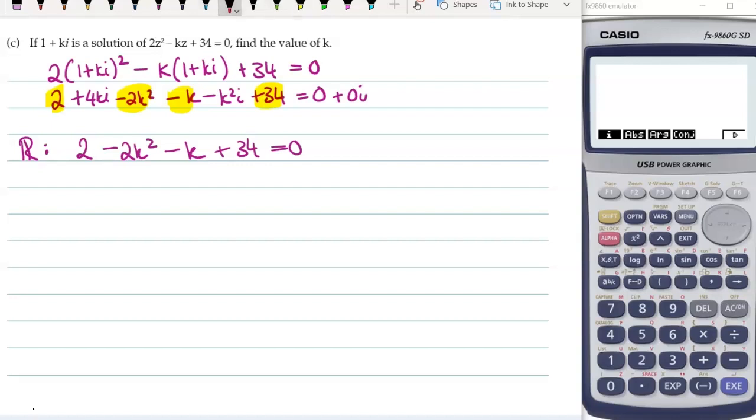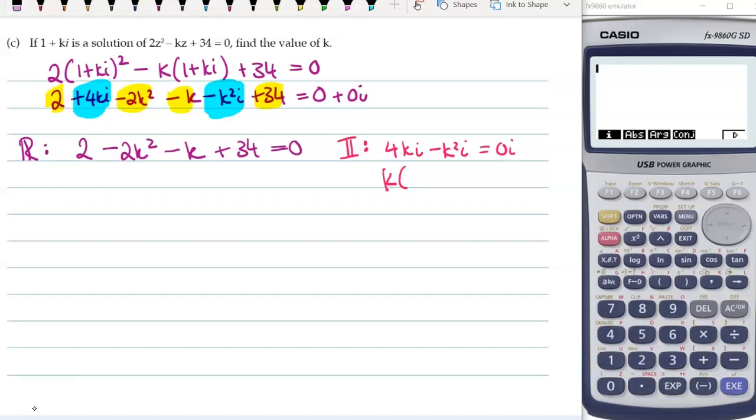Which makes me think that perhaps the imaginary might be a quicker route. So the imaginary parts, let's use a different colour. Here we go. So minus k squared there and a 4ki. So on the imaginary, I can go with 4ki minus k squared i is equal to 0i.